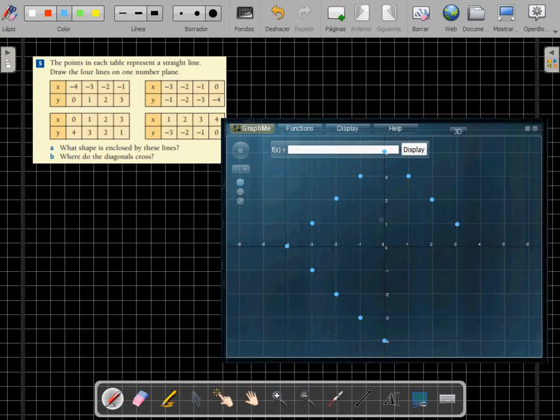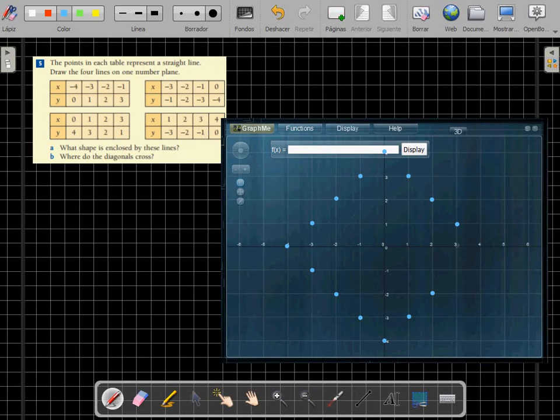Finally, last table, we start with the first point, 1 in x, -3 in y. Right here it is, 1 in x, and from here we move down until we reach -3 in y. There. Next point, 2 in x, -2 in y. So from 2 in x, we move down until we reach the -2 in y. Let's see, we have 2 more. 3 in x, -1 in y.